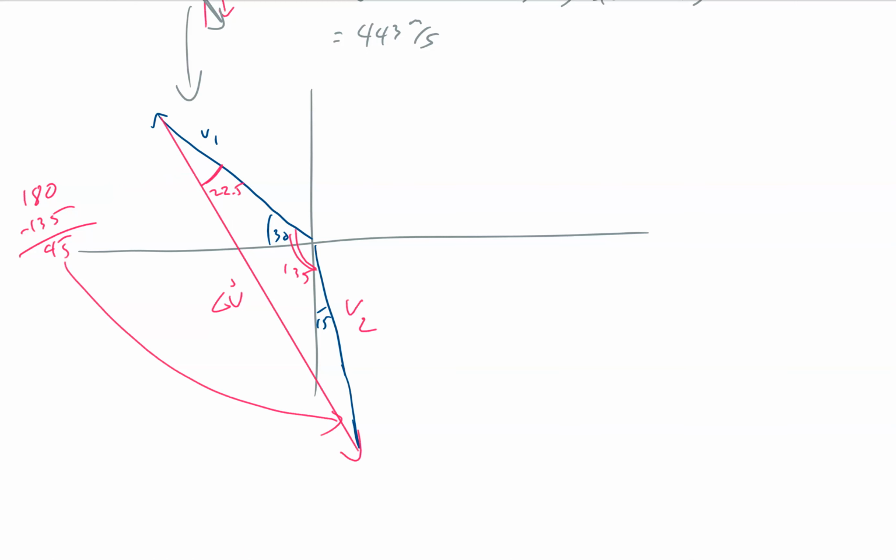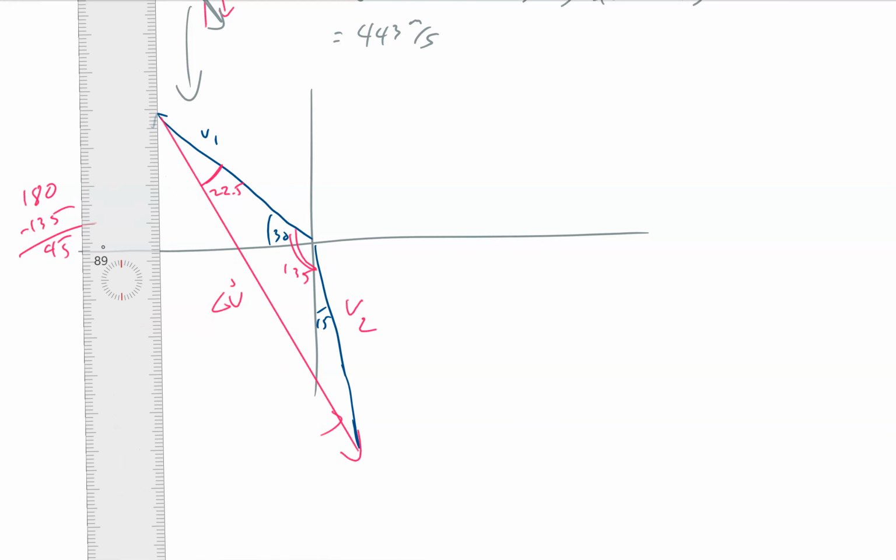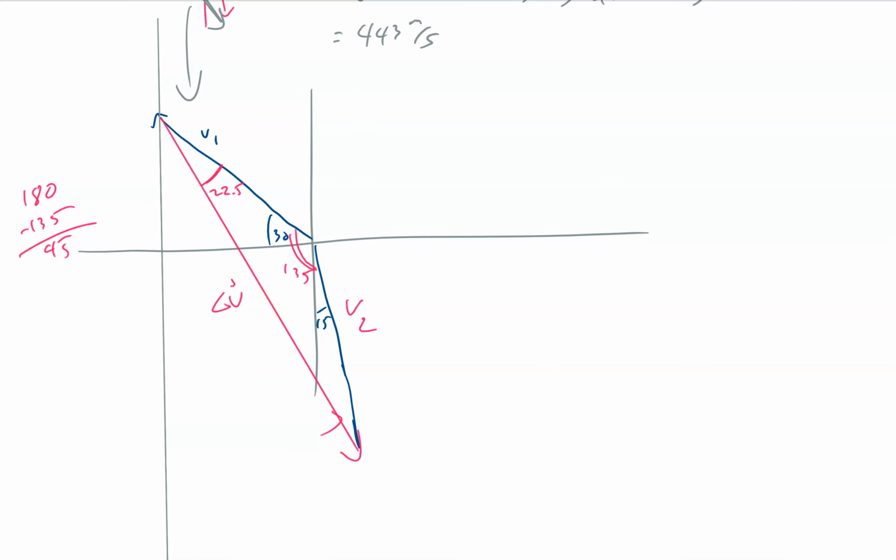Now, we need to figure out this pink line here, its length. So I'm going to draw sort of an up-down axis so I can figure this out. I want to figure out what this angle is, so this angle right here. Now, how are we going to do that? Well, if this value here is 30, then we know this value here has to be 60 degrees.